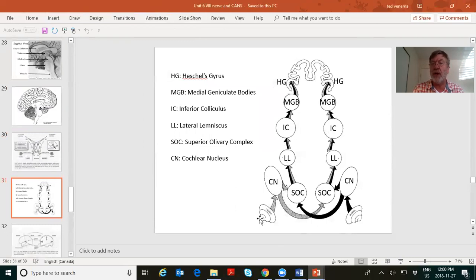But notice the cochlea, 8th nerve, cochlear nucleus. And then ipsilateral, contralateral. And then rising up to the inferior colliculi, up to the thalamus, medial geniculate bodies. And then radiating out to Heschl's gyrus, HG, which is located in the temporal lobes of the brain.